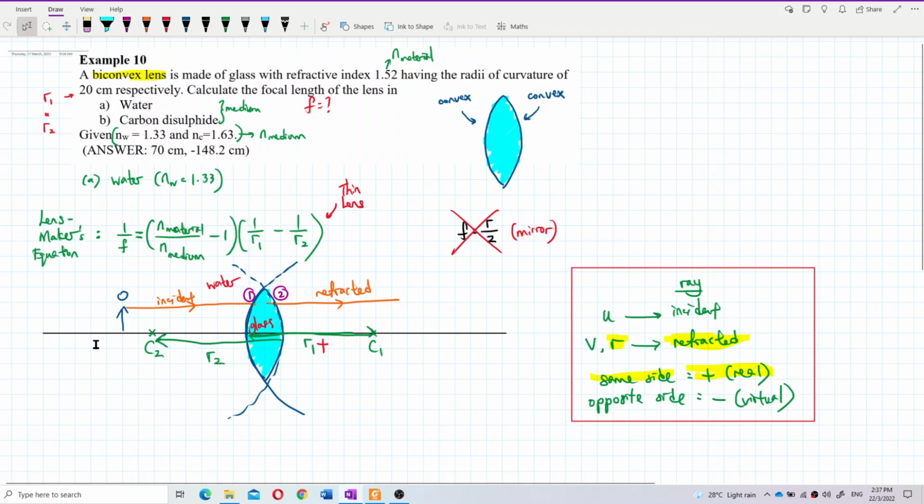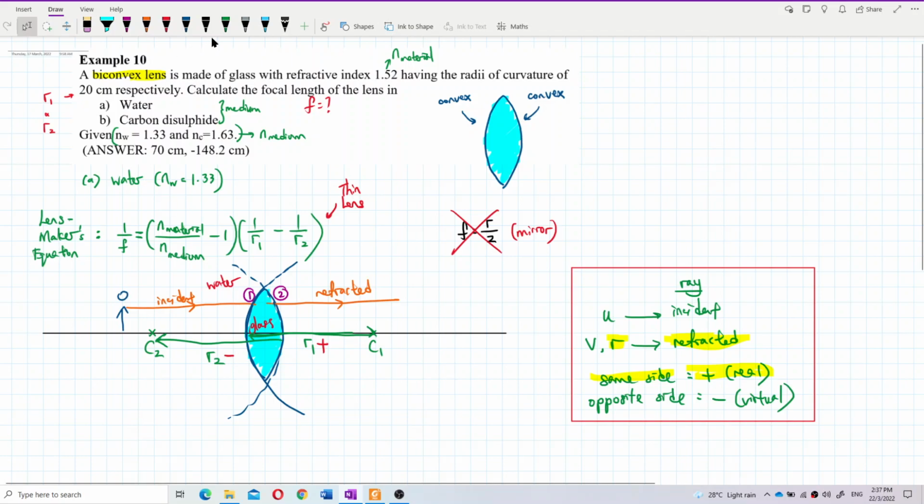So radius 2 is negative because when the radius and refracted ray are on opposite sides, it is negative. Understand? So now we know that R1 is positive 20, R2 is negative 20.